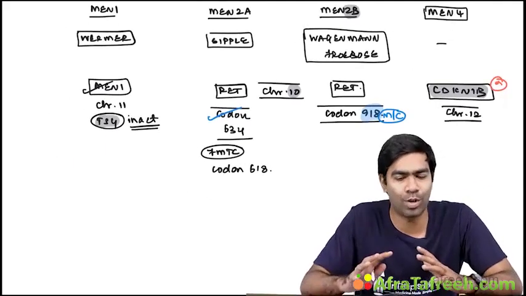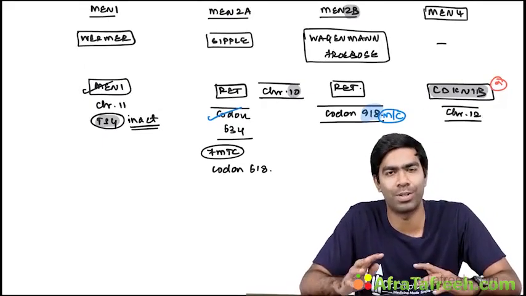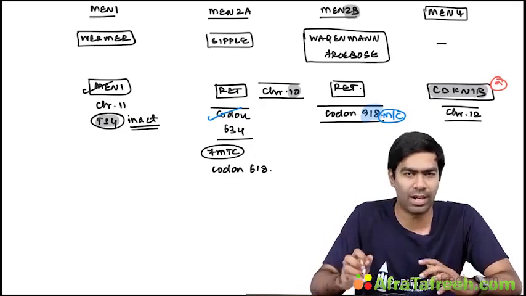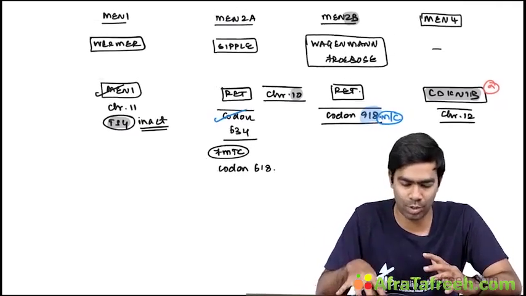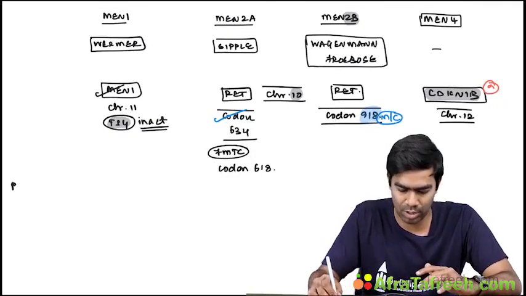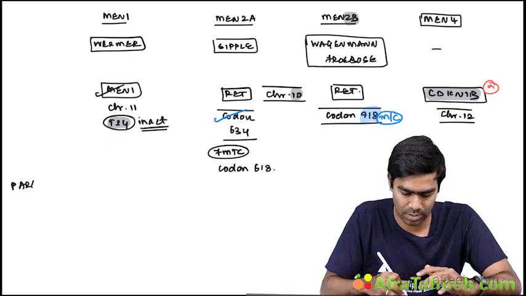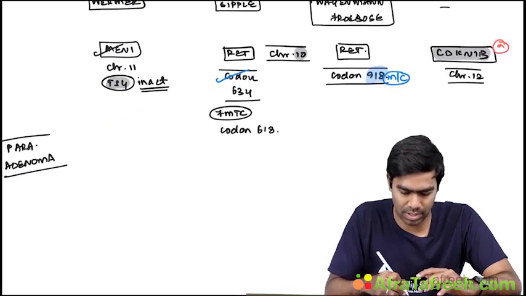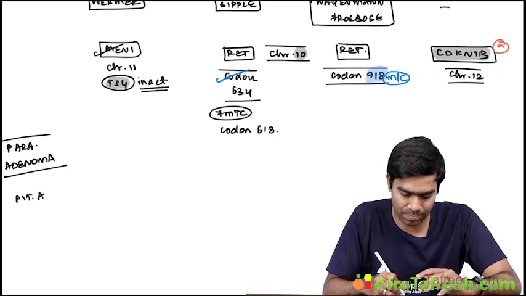Okay, now let us see what are the tumors that you're going to encounter in these different MEN syndromes. Let us see what are the endocrine tumors. The first one, I'm going to put as a parathyroid adenoma. Second, I can tell a pituitary adenoma.